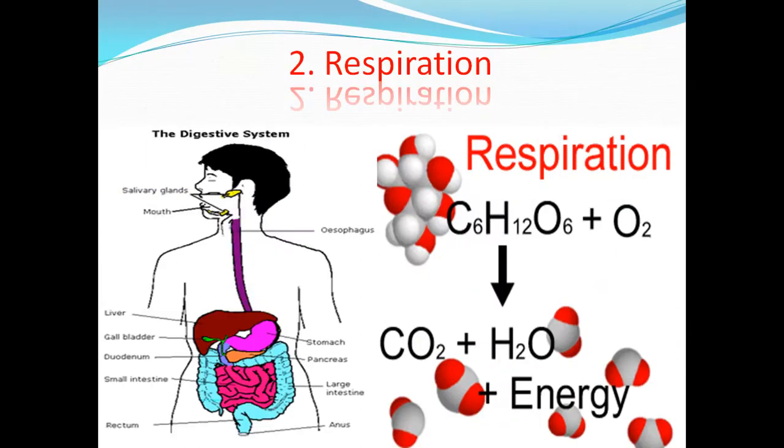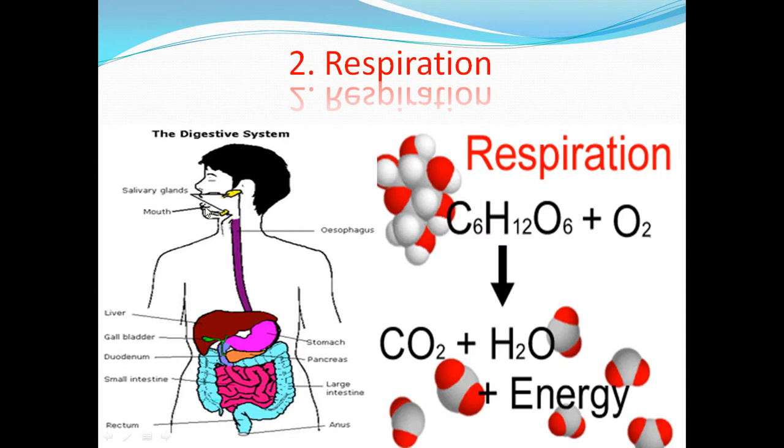Okay. What about respiration? At first, what is meant by respiration? Before speaking about respiration, let's speak about the digestion process. After eating food, of course, this is the digestive system. What's happening here?